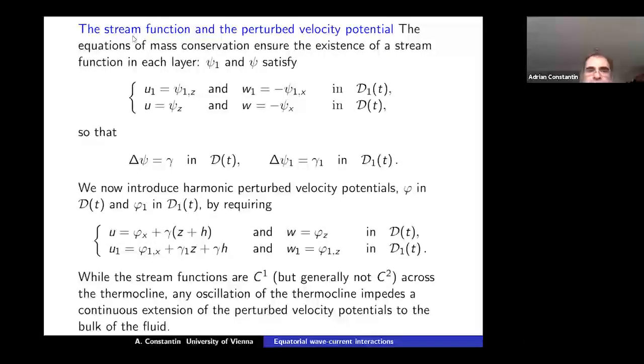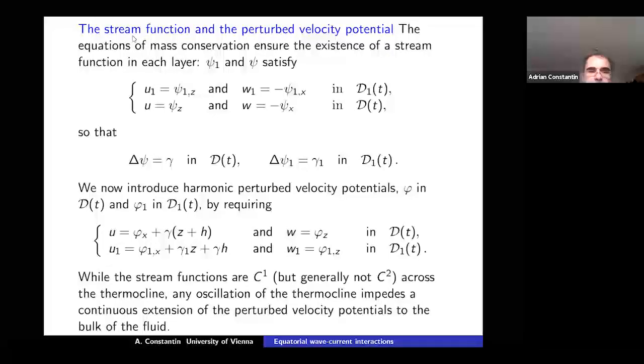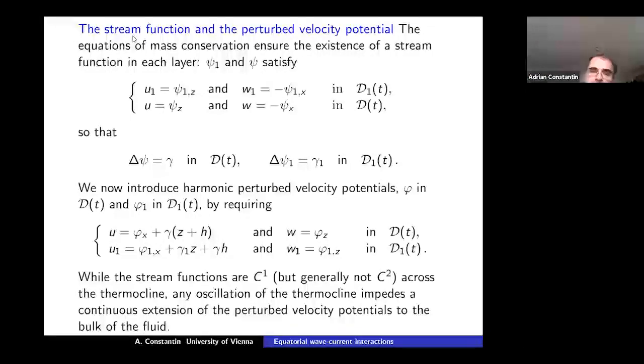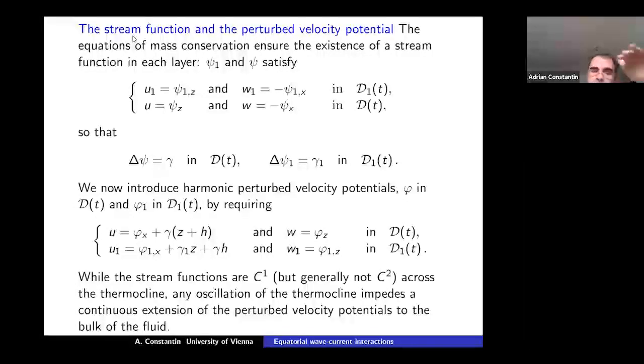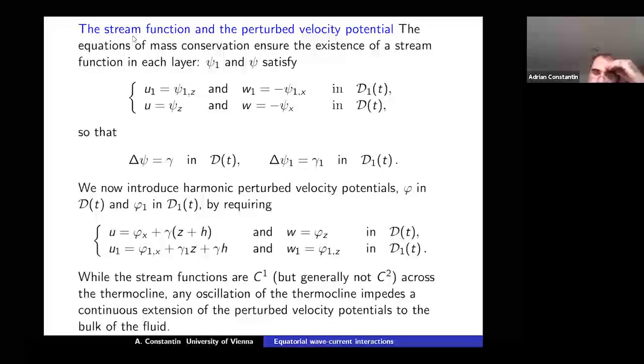So psi and phi are not harmonic conjugates, but if you take out this quadratic expression from phi, you will make them harmonic conjugate.